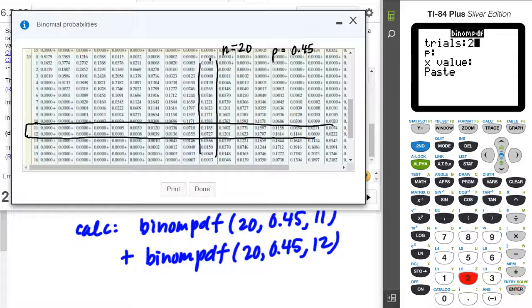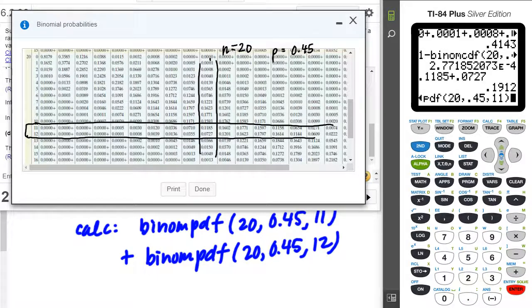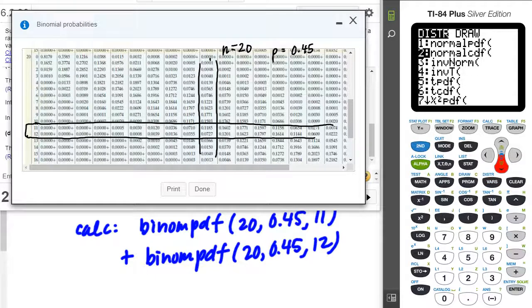Binomial PDF, 20 trials, 0.45 for the probability of success, and the x value is 11, plus another one. Binomial PDF 20, 0.45 and 12.